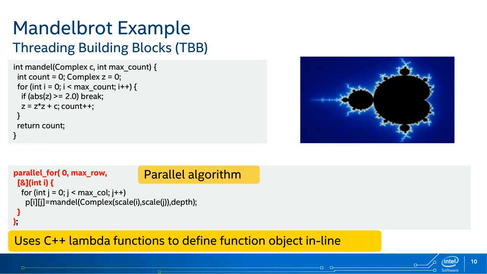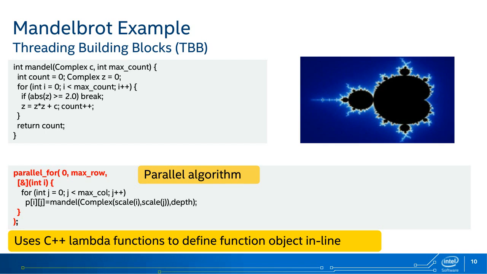So here we're making a function call into the TBB library. The function is parallel_for. What we pass to it is the iteration space. So we say we want to iterate from 0 to max row. And then we provide the work we want to do on each value in that range from 0 to max row. We express this using C++ lambda functions. So TBB is a C++ library, and it depends on C++ features like lambda expressions and templates.